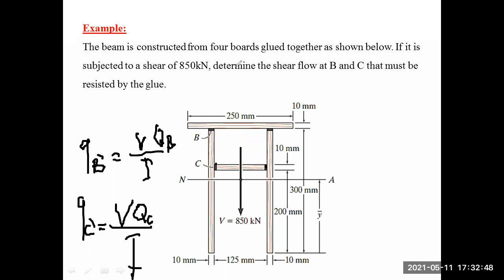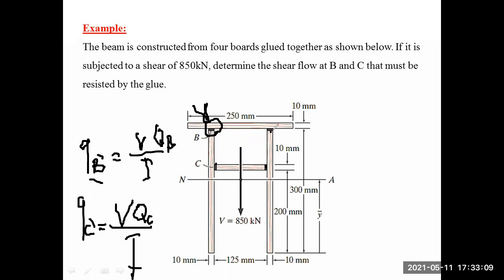So what the question is asking for, determine the shear flow at B and C, that must be resisted by the glue. So the question is telling you specifically, I just want to know how much shear flow I would have at this point. But using this mechanism, you've calculated for these points.